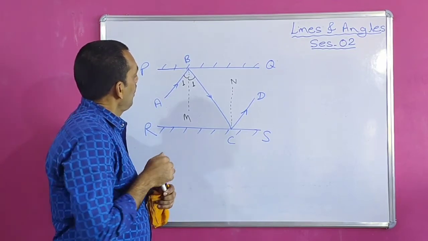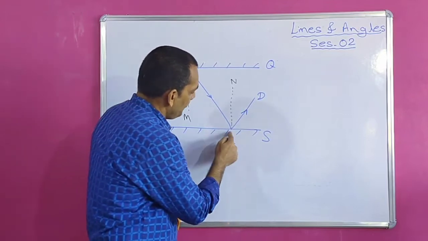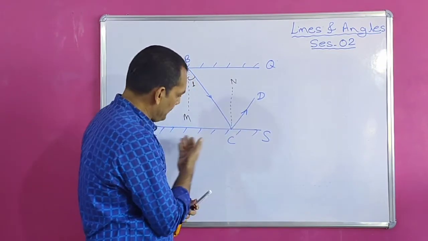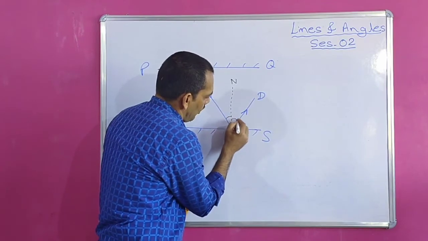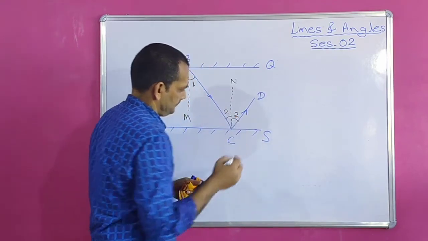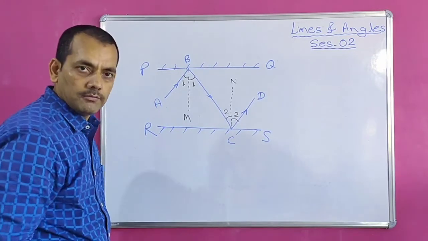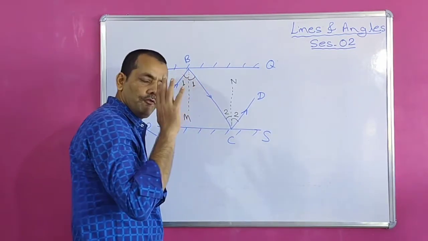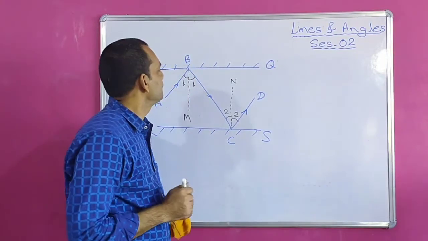Similarly, as CN is also perpendicular on this, these two angles will also be the same. This is part 1, using the property from physics.